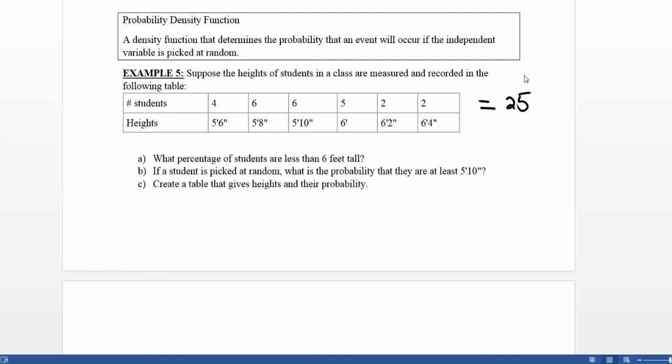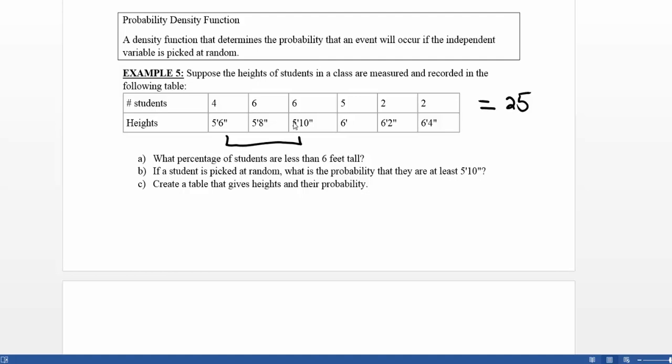Now, what I want to do is figure out how many of those students are represented in the question I'm asking. So A says, what percentage of students are less than 6 feet tall? So remember, when we talk about less than, we're including everything up to, but not including 6 feet. So that means we're including the students who are 5'6", 5'8", and 5'10".